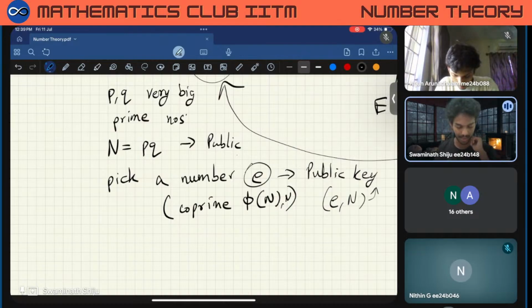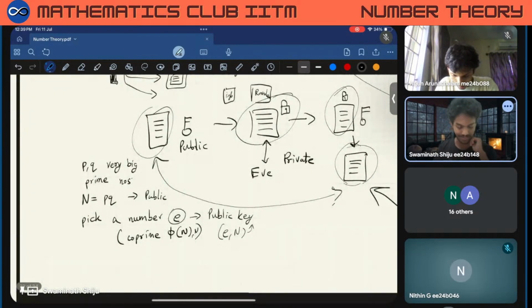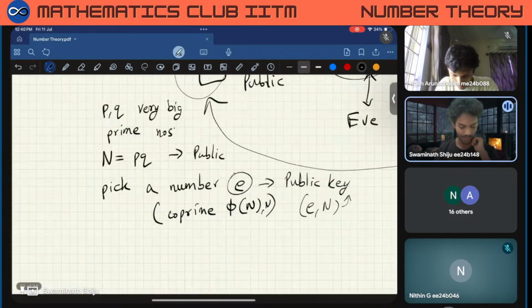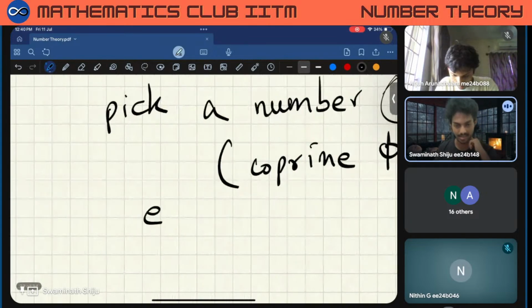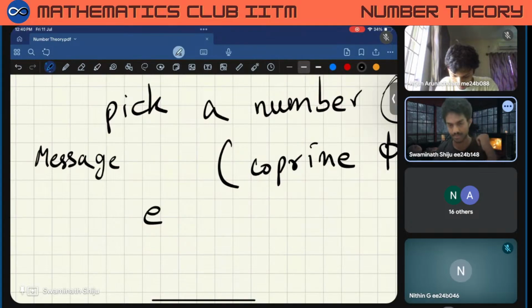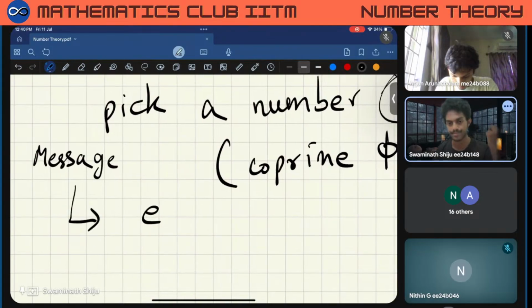Now, how will Bob encrypt a message? Bob has e. The first thing you do is take your message, whether it's text, image, whatever, it doesn't matter, and somehow convert it into a number. We'll call that number m. It represents the message.